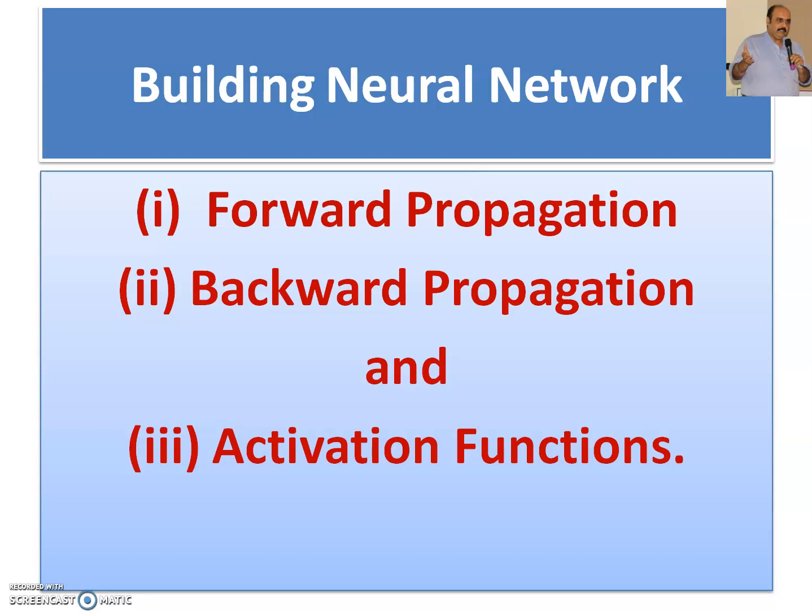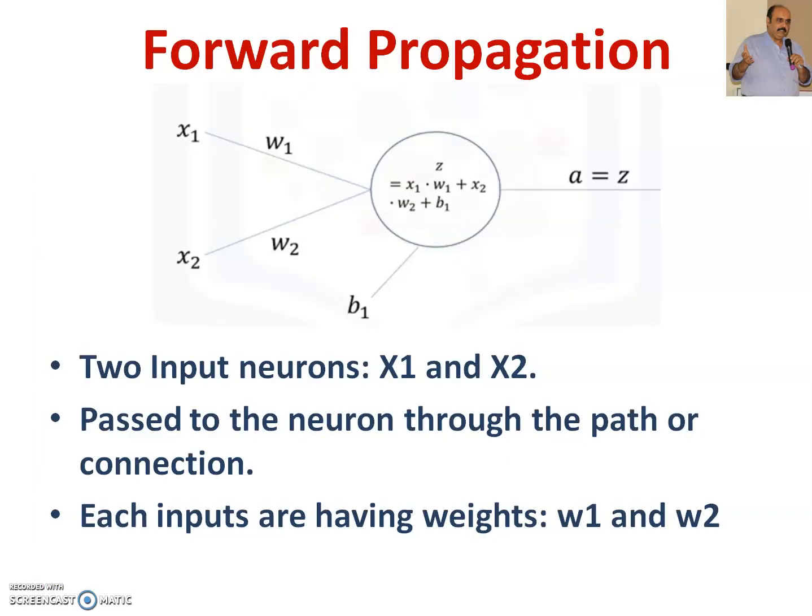so you can go through them and learn about the ANN in detail. But just for introduction, we understand that the neural network is built on three important concepts: forward propagation, backward propagation, and activation functions. Forward and backward propagation is an iterative process carried out from input to hidden to output layer, and in reverse from output to hidden layers.